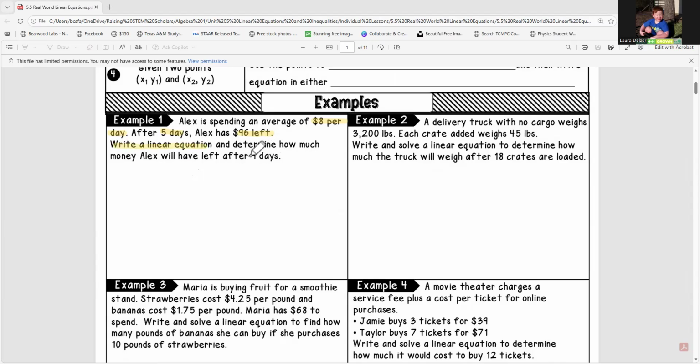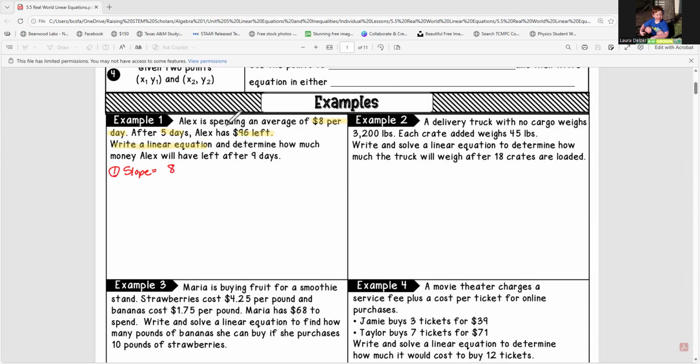And then our second question, we got another question here. Actually, we'll just go ahead and deal with writing the linear equation, and then we're going to come back to that. Okay, so I can tell by looking at this that my slope is $8.